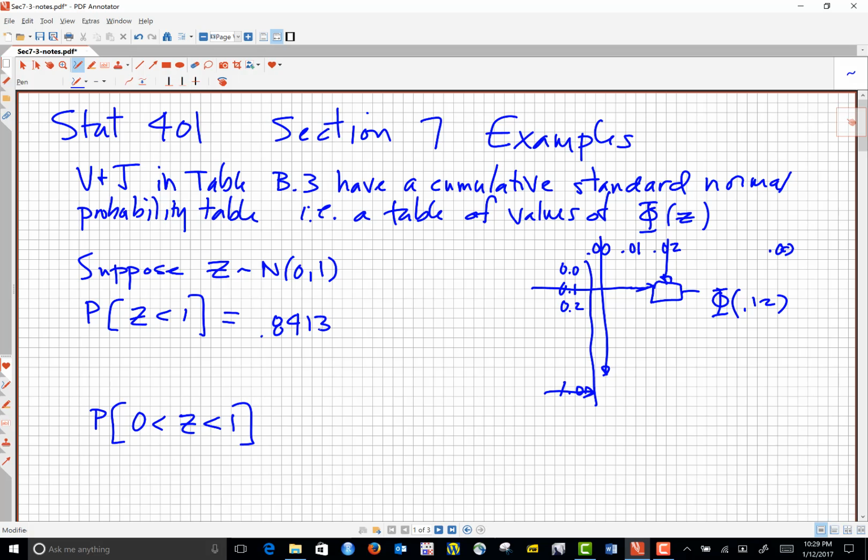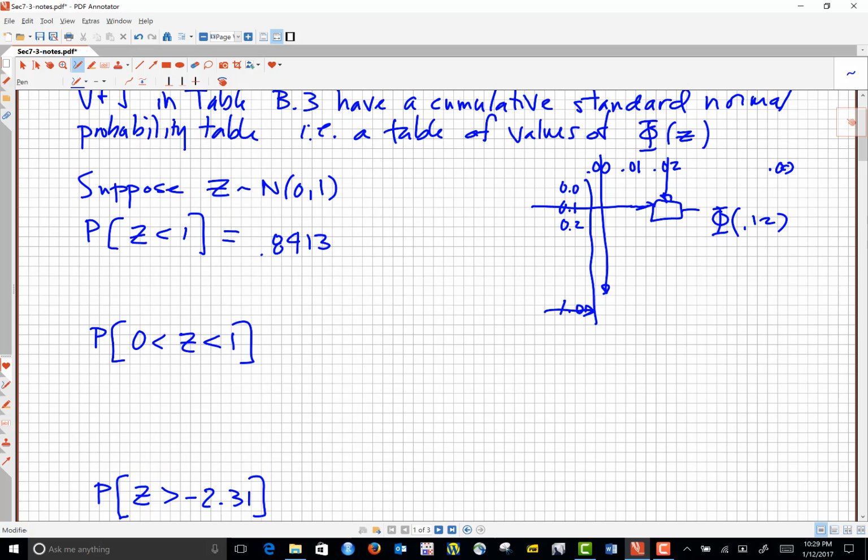If I ask not what's the probability that z is less than 1, but what's the probability that a standard normal variable is between 0 and 1, then what I'm looking for is something pictorially that looks about like this. Here's my standard normal density with a mean of 0 and a standard deviation of 1. I'm looking for that kind of an area, that kind of an integral.